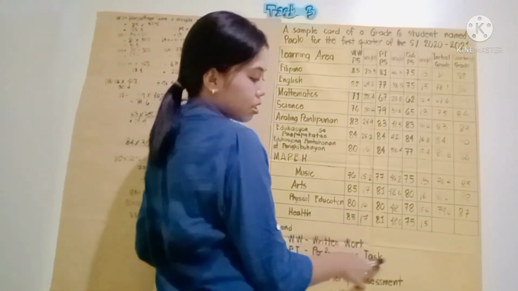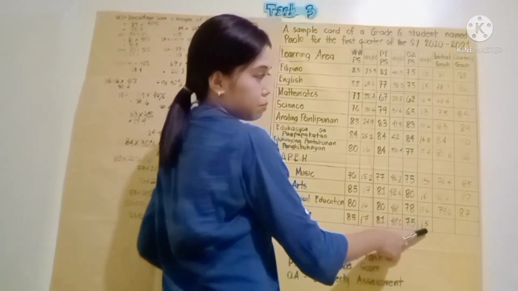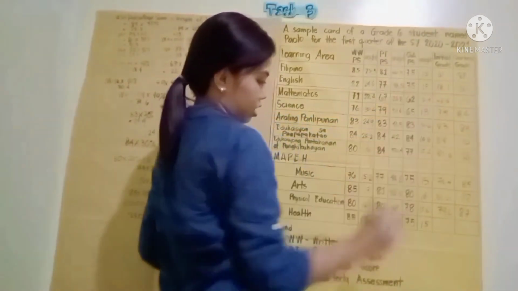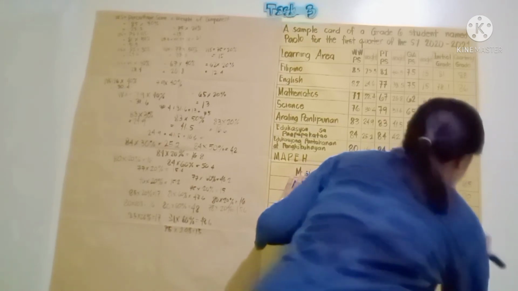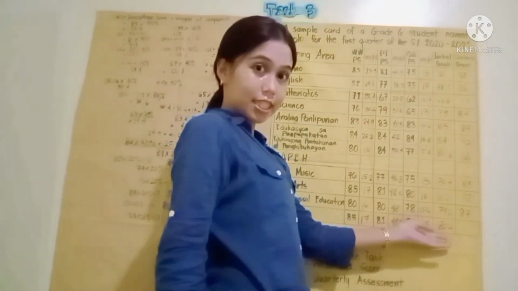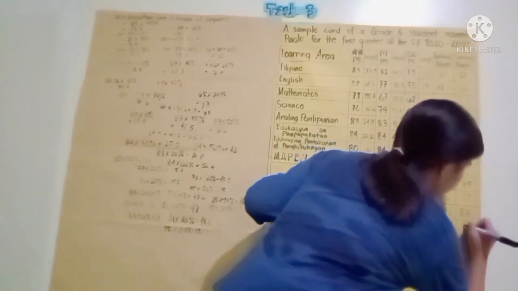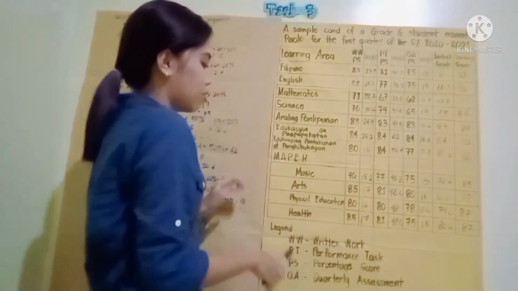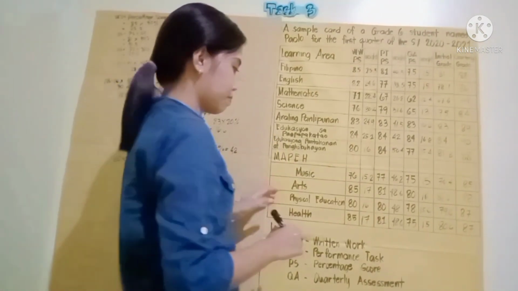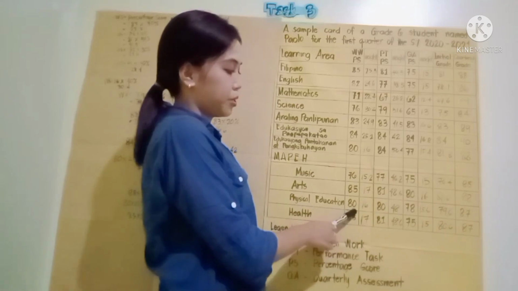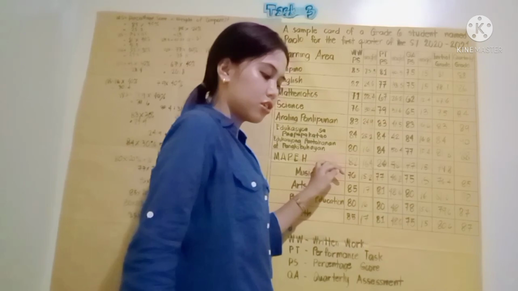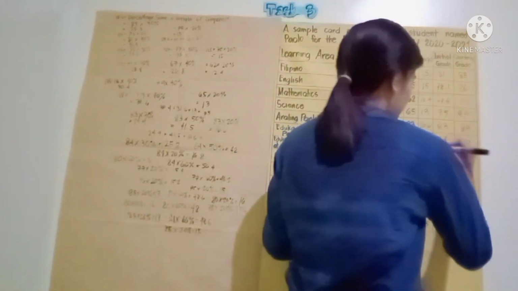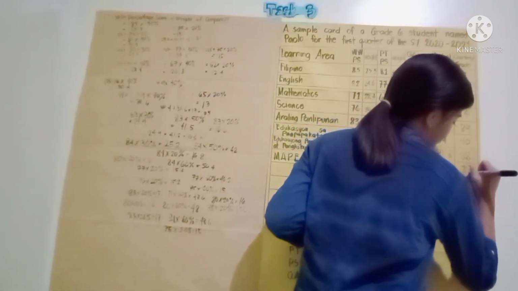We add 17 plus 48.6 plus 15 in order to get the initial grade. So the initial grade is 80.6. When we transmute 80.6, we get 87, which is now his quarterly grade for health. So we add the percentage scores and divide it by 4, which is transmuted into 87.